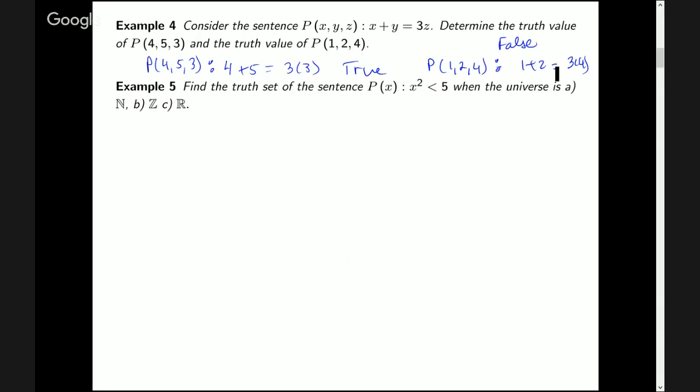Now let's look at example 5. Find the truth set of the sentence P(x), x squared is less than 5, when A, the universe, is the natural numbers. Remember, the natural numbers are the set 1, 2, 3, and it keeps on going like that. So in the set of natural numbers, which ones have a square smaller than 5?